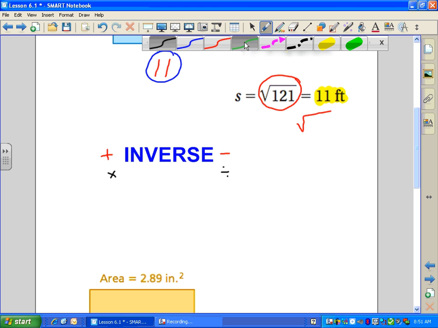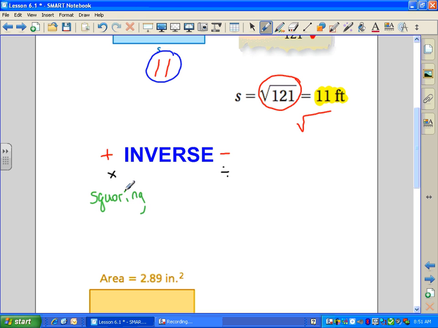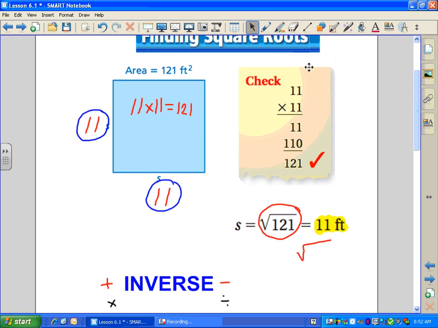Here's where this inverse comes into play. The inverse of squaring a number is square root. Okay, Mr. Phillips, that's nice. What's it mean in English? Right here, guys.